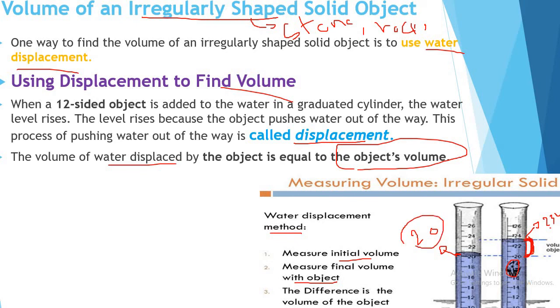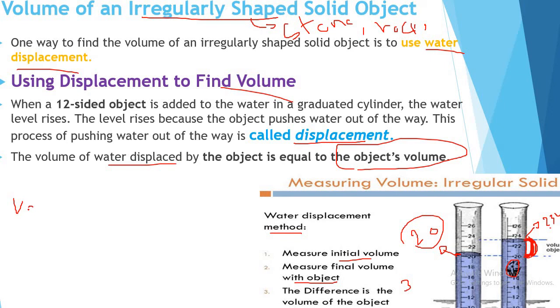So the water displaced by the object is the volume of the object. So the answer, the volume of the object is 3, which is 23 minus 20.